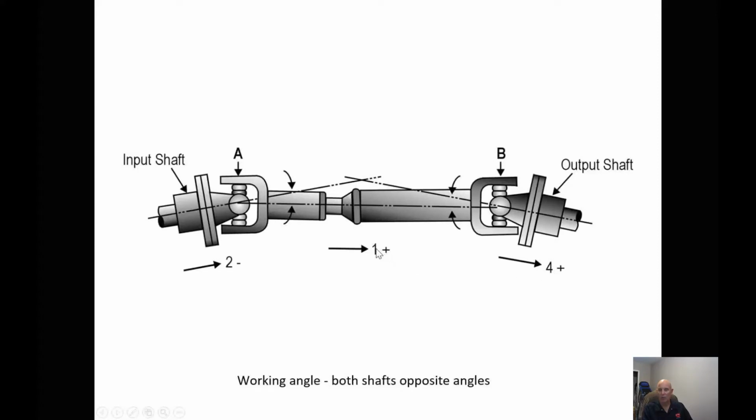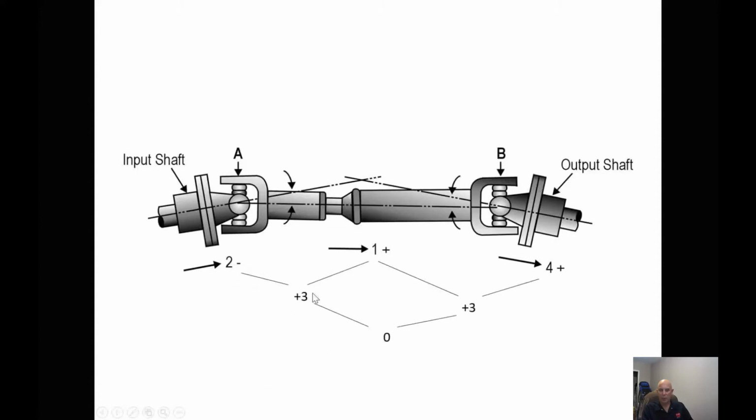So it'll be 4 minus 1, which would be 3. So we end up with 3 degrees of working angle here. It is greater than half a degree, and overall we end up with a net gain of 0, which is fine. We have greater than half a degree on each one, and no more than 3 degrees on each one.